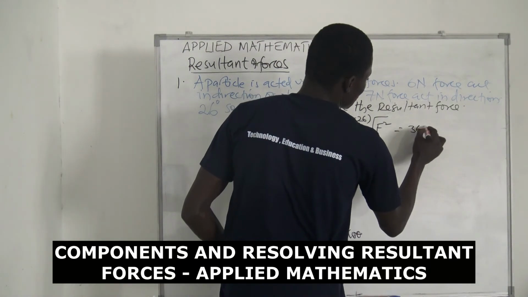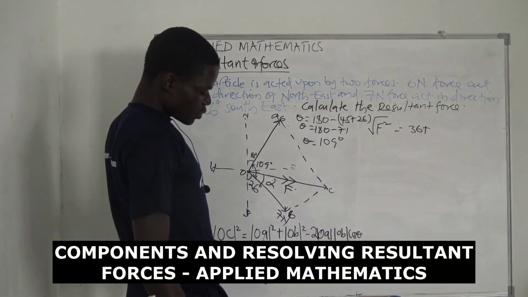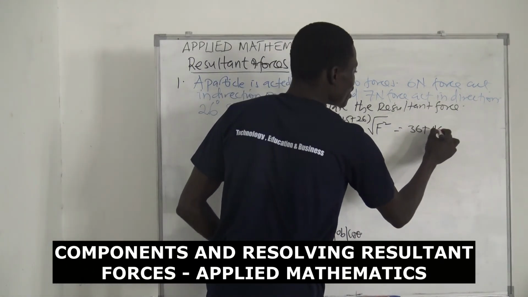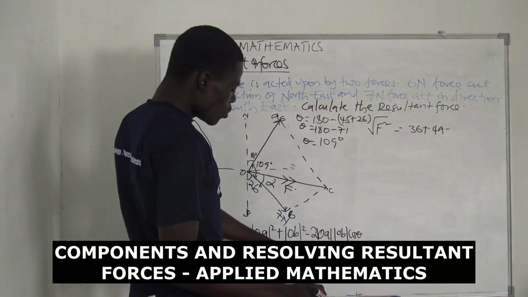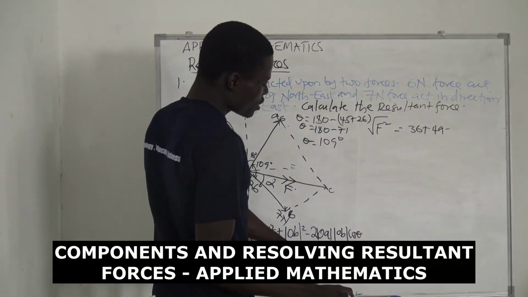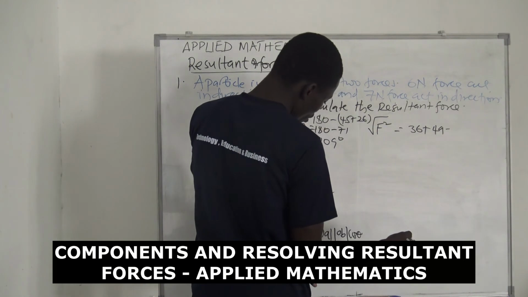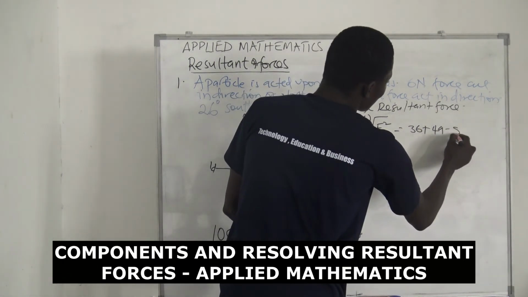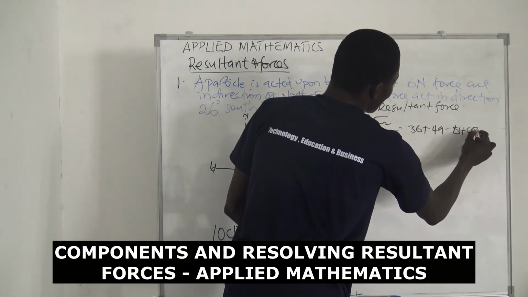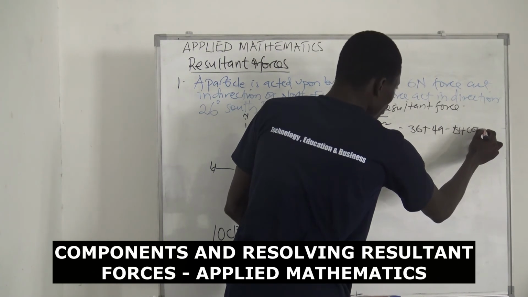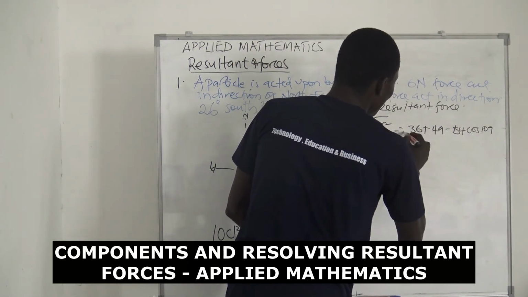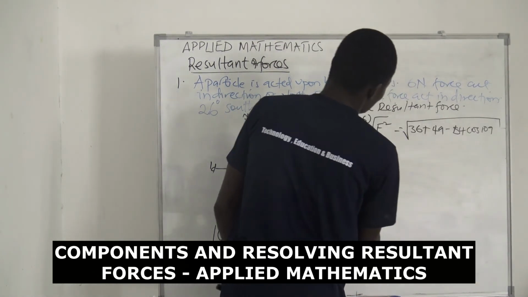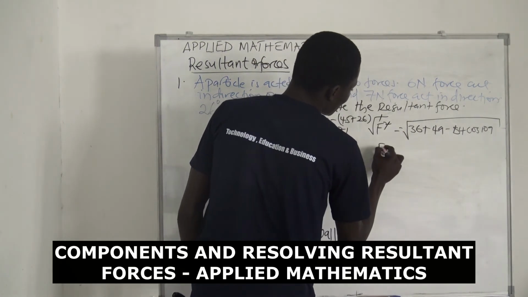So we get the resultant force F, under square root, squared equals 6 squared, which is 36, plus 7 squared, which is 49, minus 2 times 6, 12 times 7, we get 84 cos of 109, under square root.